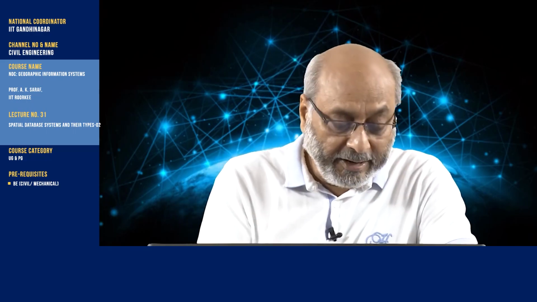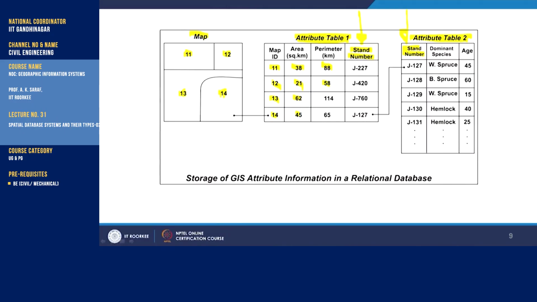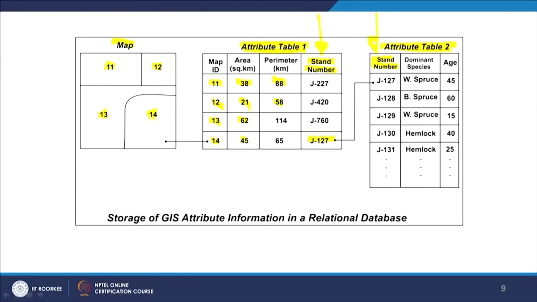Here, unit 14 is the only one out of these 4 polygons where I have J127. The other 3 stand numbers, the top 3, are not matching except this one. So now it is related, and I can enrich my table by relating this data, or I can keep it separate, but still it is related.